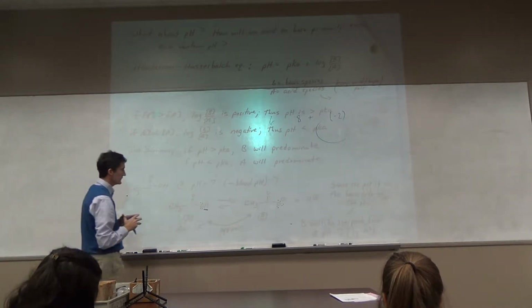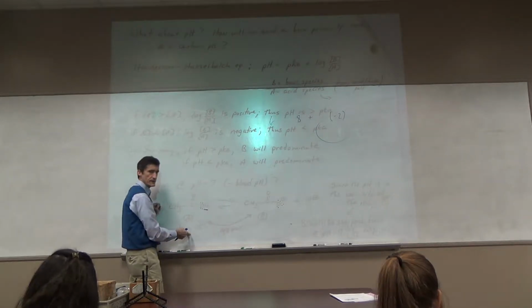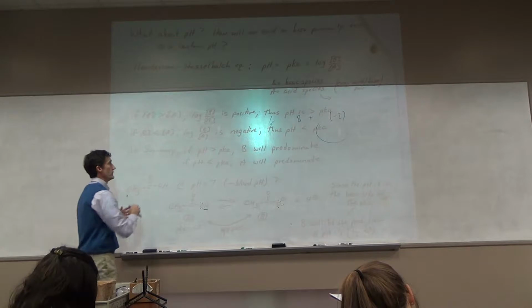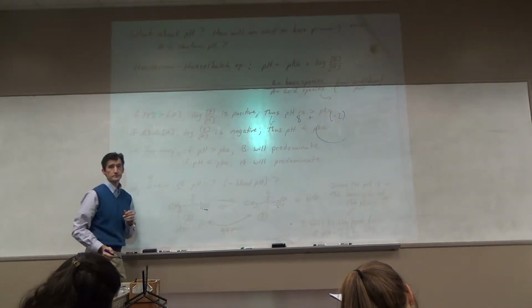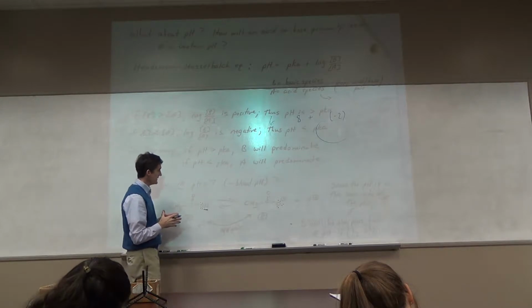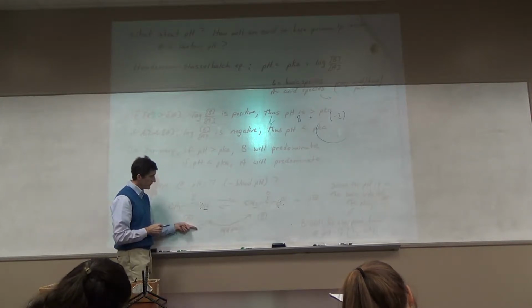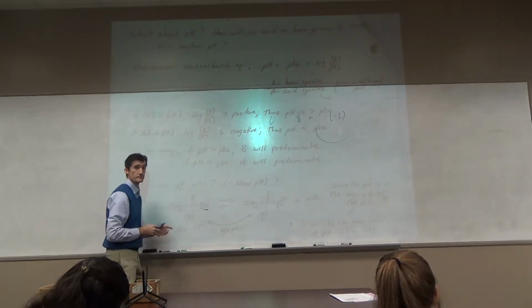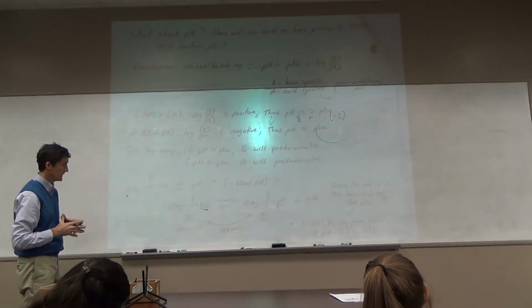B will be favored because the pH is greater than the pKa. pH greater than pKa. You guys will get this backwards. You will say that this is lower than that, so it should be on the acidic side. No. No.